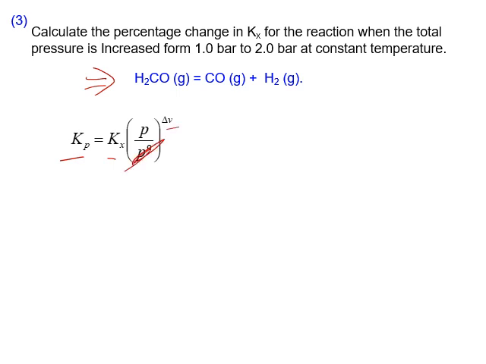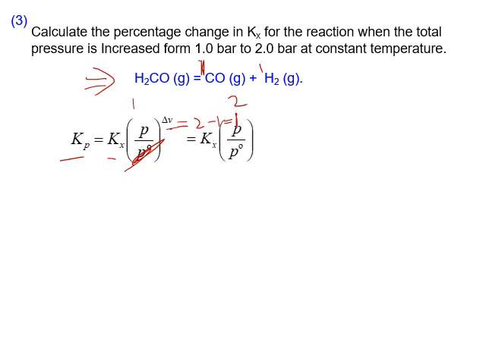This is 1 bar, we don't need to look at that. And delta v is the power of the products: you have 1 more carbon monoxide and 1 more hydrogen, so that's 2 moles in total. The reactant has 1, so delta v is 2 minus 1, which gives you 1.